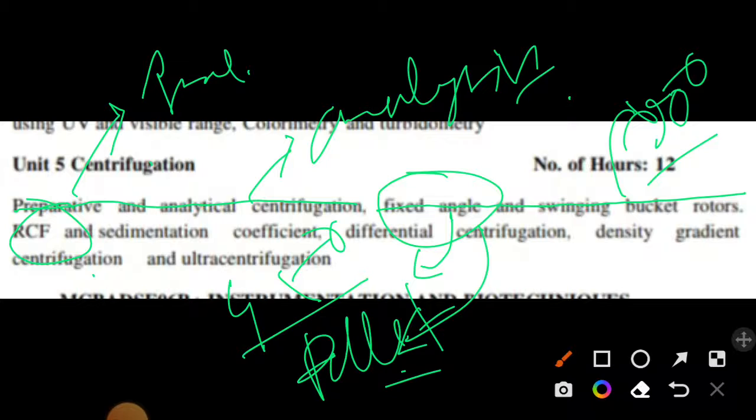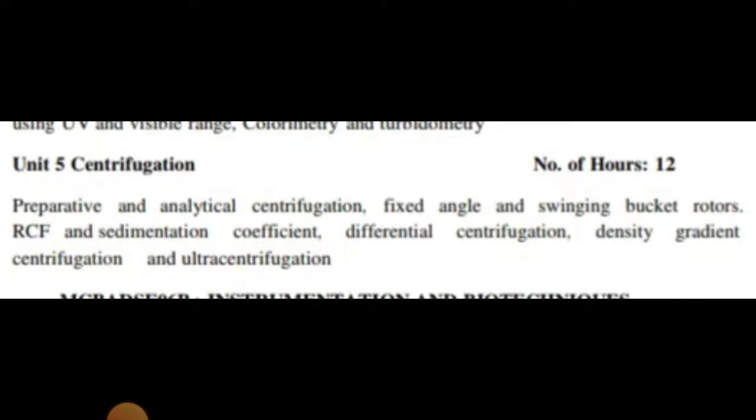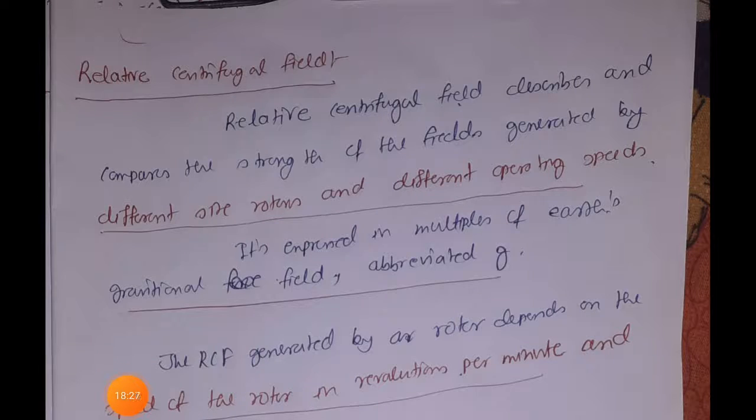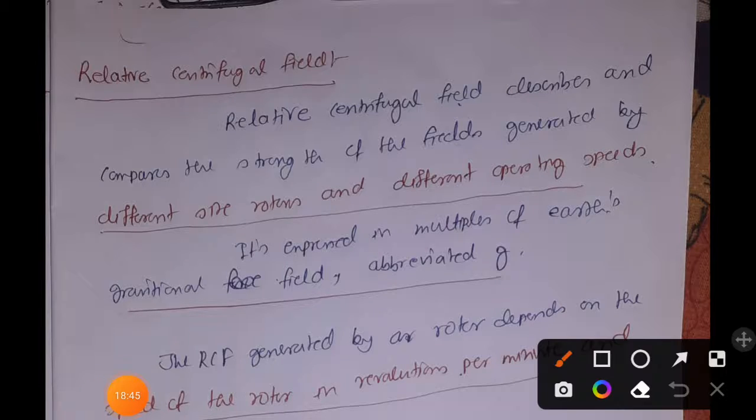Okay, but fixed angle rotor gives you a faster separation, whereas swinging bucket rotor cannot give you that much faster separation. Okay, now let's talk about relative centrifugal field. So I want to explain relative centrifugal field in this way. Let's try to understand that the size of the various kinds of rotor may differ, right? And suppose you have run a centrifuge at 5000 rpm, and I have run a centrifuge at 10,000 rpm.